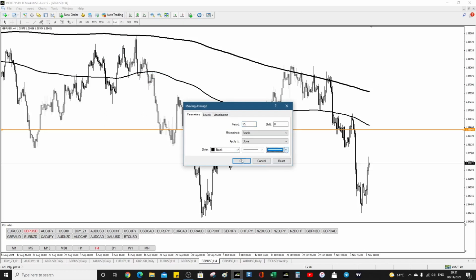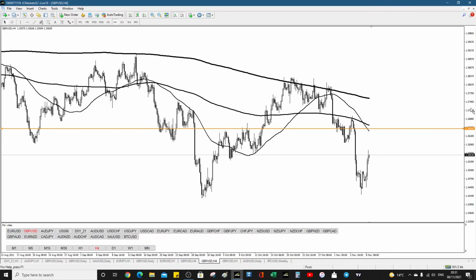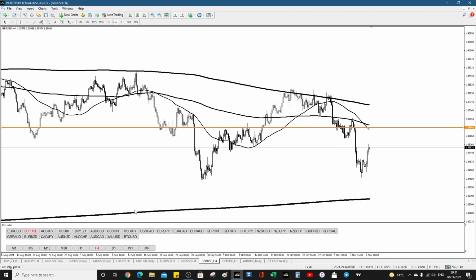Right, so the 55 has crossed the 233, okay, and we've got a descending moving average line, and the very strong descending support looks like it's going to come into play.